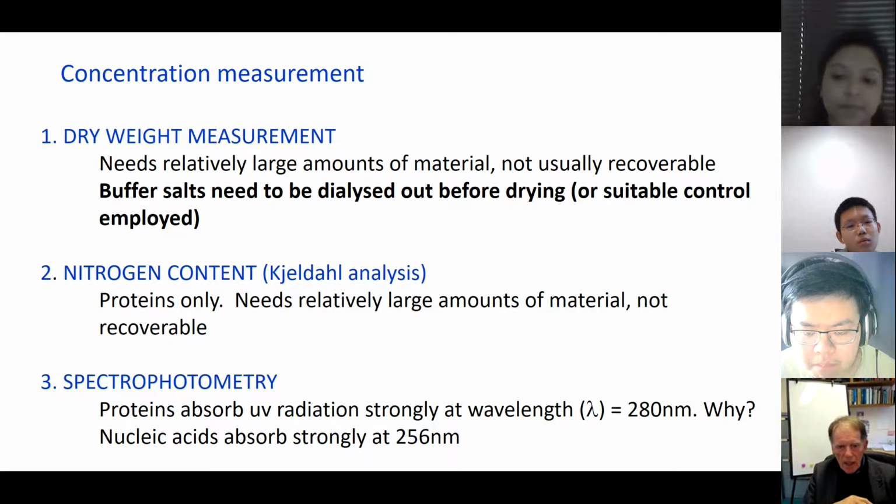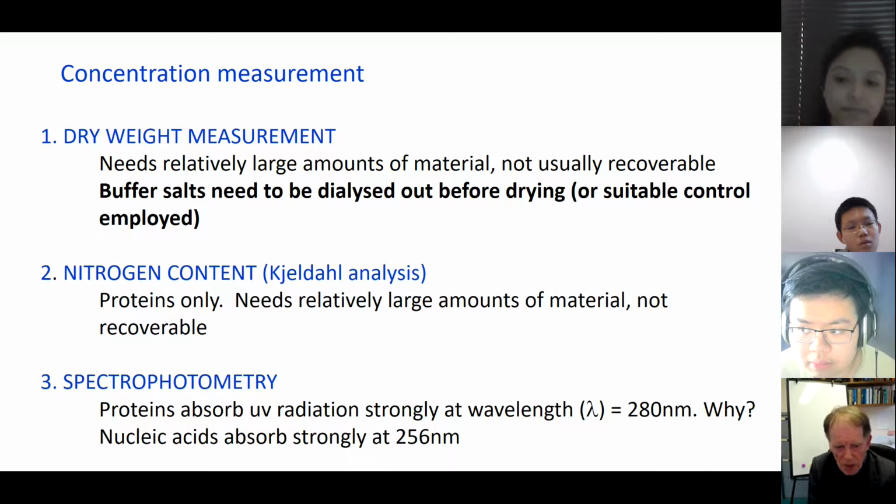So again it needs relatively large amounts of material, which are not recoverable, and there can be complications depending on the amino acid composition. The most popular way of measuring concentrations for proteins, and we'll see that in the demonstrations, is using a spectrophotometer.